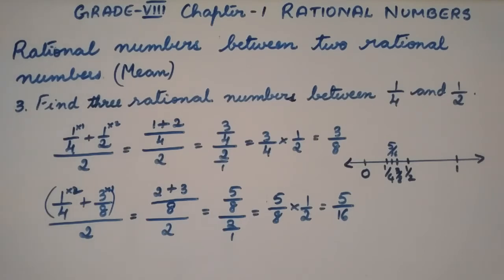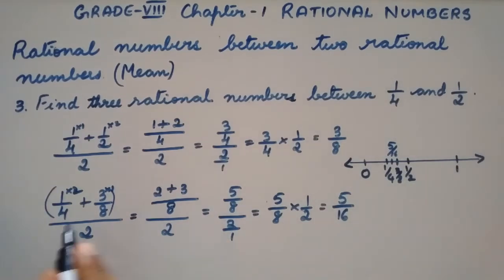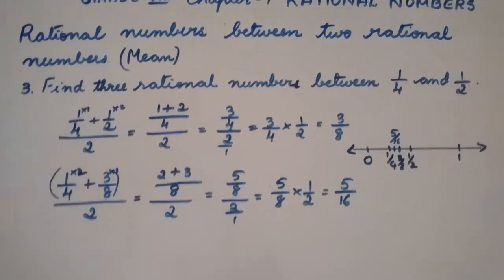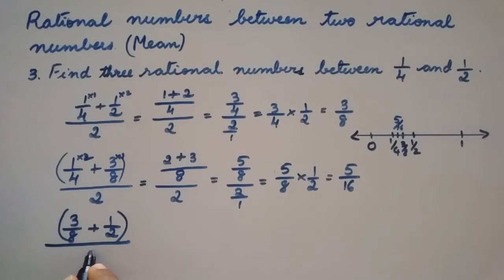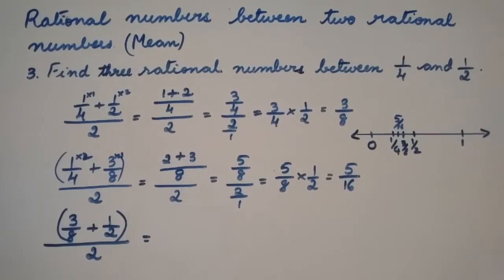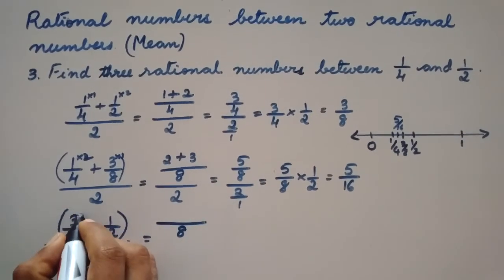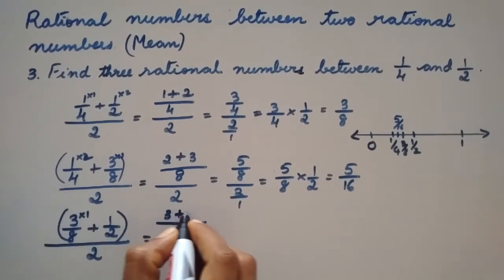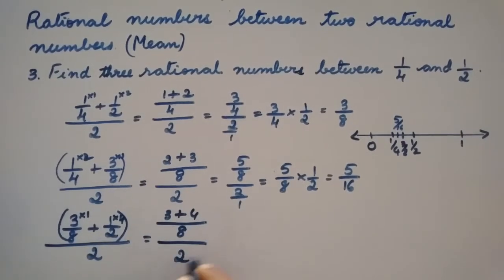Now let us find the mean of 3 by 8 and 1 by 2. Let us add these rational numbers and divide it by 2, which is equal to, what is the LCM of 8 and 2? It is 8. So 8 1s are, 3 into 1 is 3, plus 2 4s are, so 1 into 4 is 4, divided by 2.